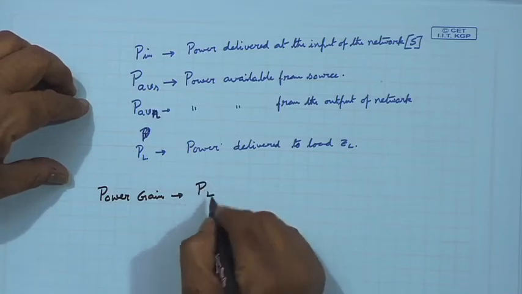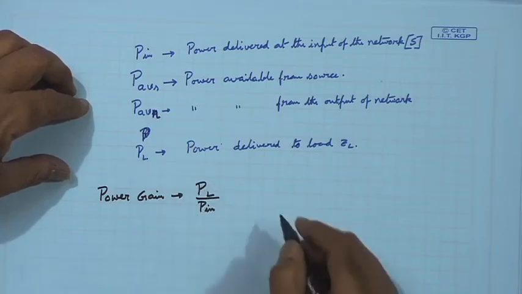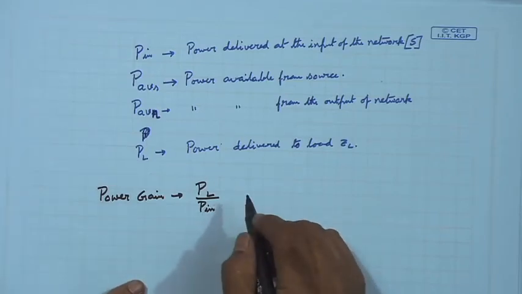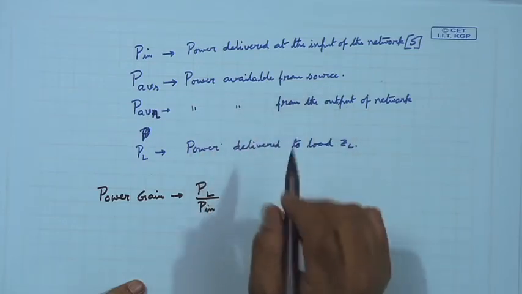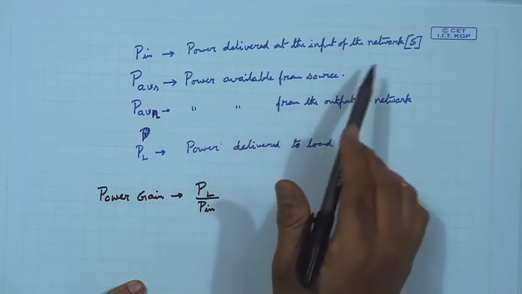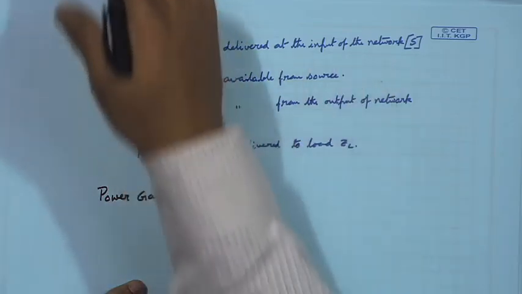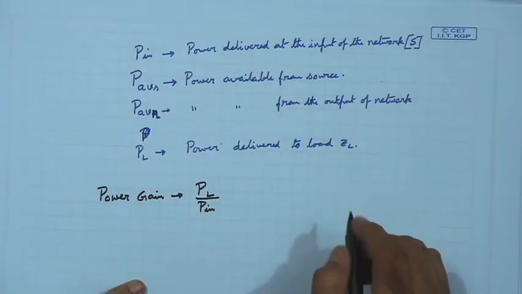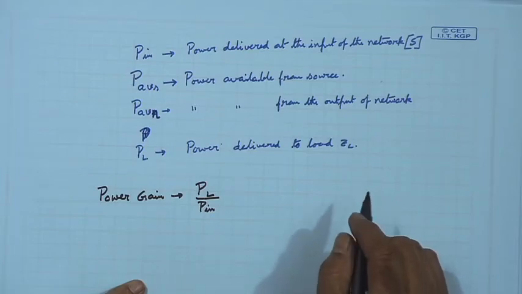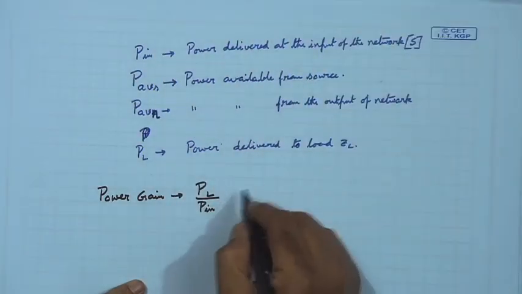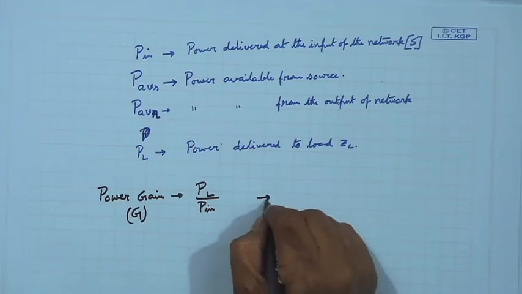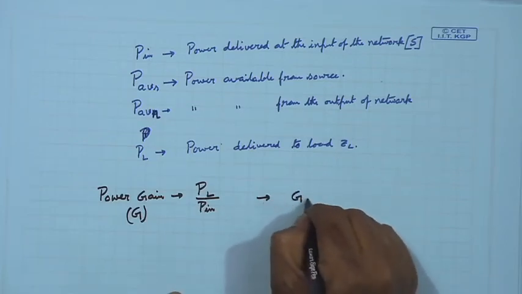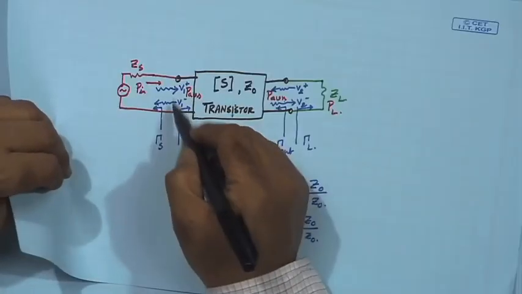It is P_L by P_in. So, P_L we know is power delivered to load, and P_in is the power delivered at the input of the network S. This is generally called G.